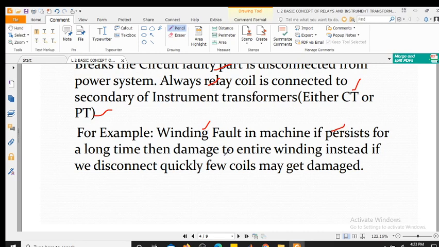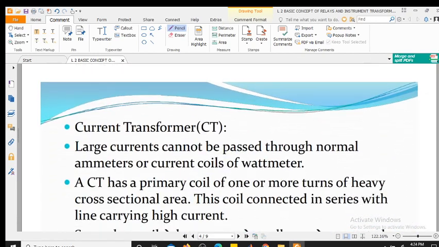There will be damage to the total winding. Instead of that, if we disconnect it quickly, then only a few coils may get damaged instead of the whole winding. That's why we employ protective relaying.